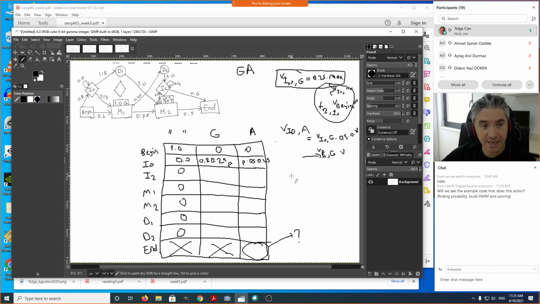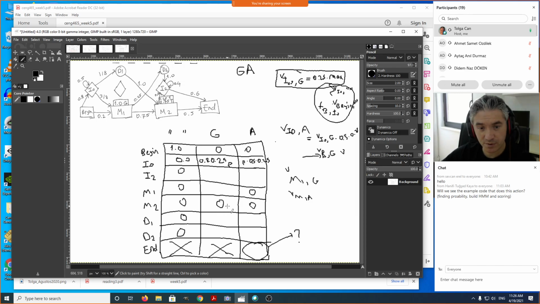What about M1G, the best path that ends at it? M1A is directly 0. Why? Because the emission probability of A at M1 is 0. So whatever the best preceding path is, this one is going to be 0. And what about M2? I can only observe C and T at M2, and none of my letters here are C or T. So there are going to be zeros here at M2.